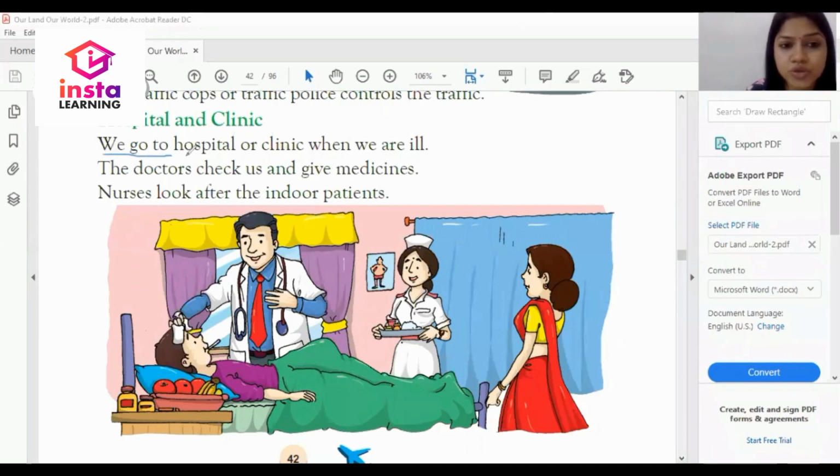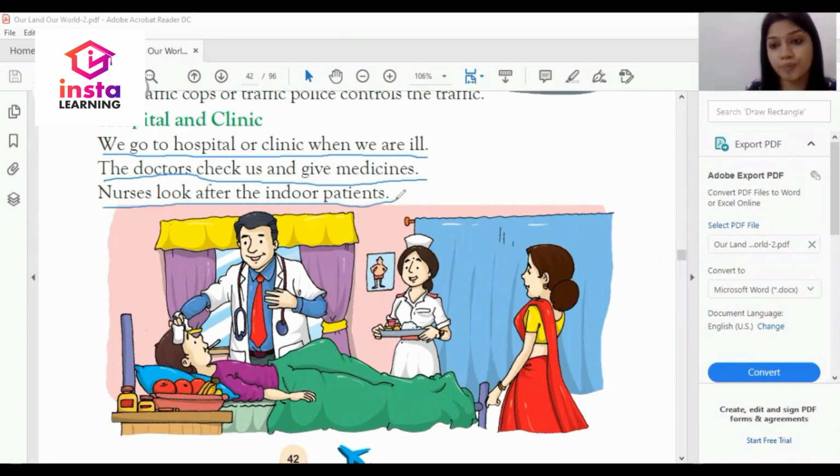We go to hospital or clinic when we are ill. So, what is the role of doctors? The doctors check us and give us medicines. What is the role of nurse? Nurses look after the indoor patients. So, dear student, this is very important part of our daily life.